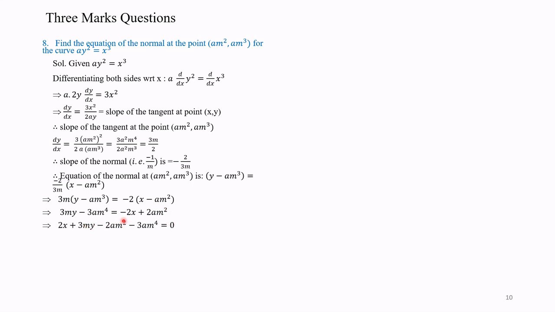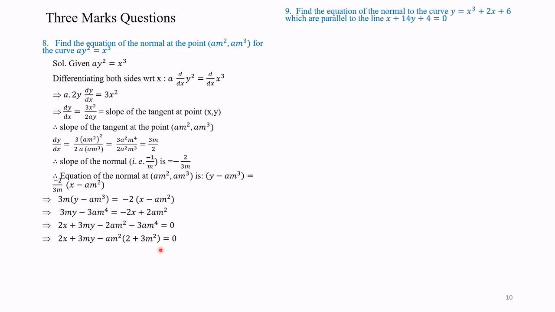Moving the term minus 2x to the left hand side, we get 2x plus 3my minus 2am square minus 3am to the power of 4. Simplifying, we get 2x plus 3my minus am square common, 2 plus 3m square equals 0. This is the answer. Next question.